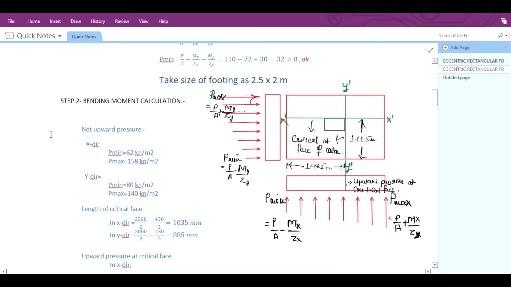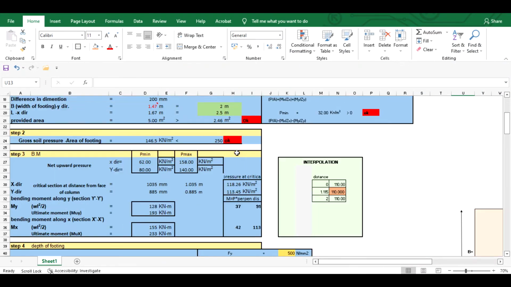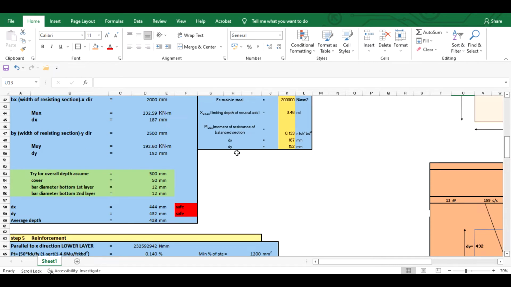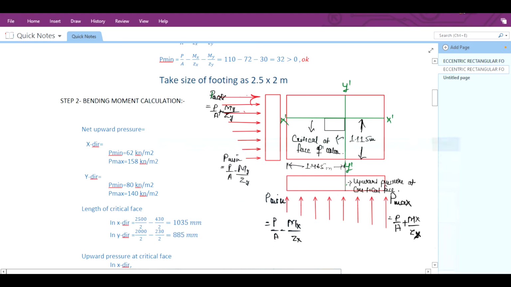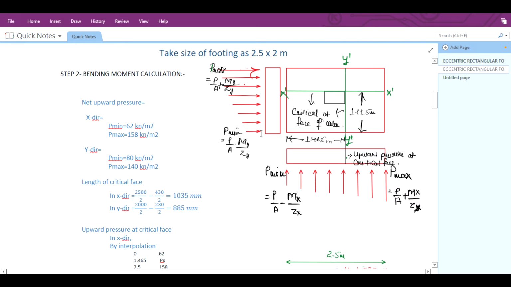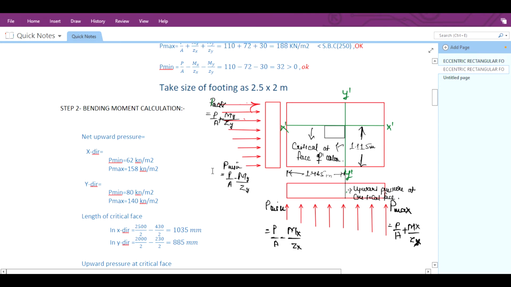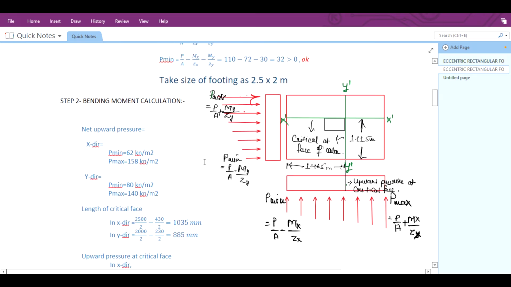First we will go for x direction, which is your longer side. The net upward pressure for x direction will be 62 kilonewton per meter square, that is P by A minus Mx by Zx.